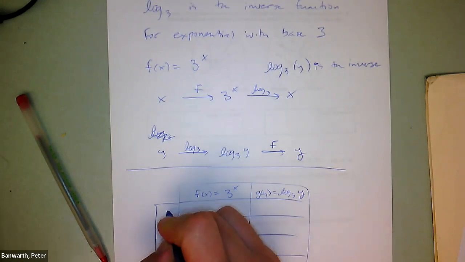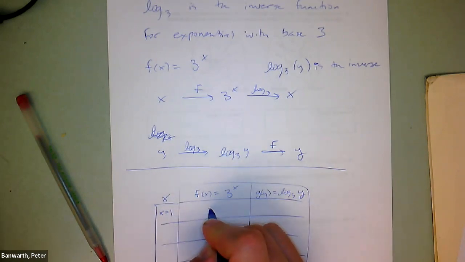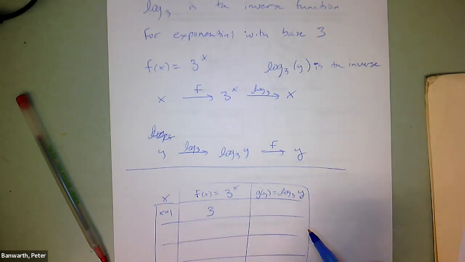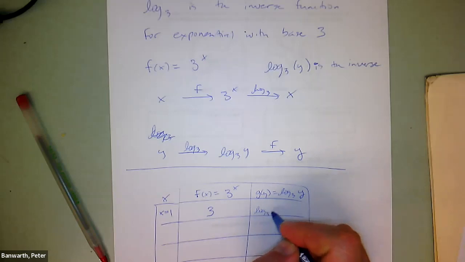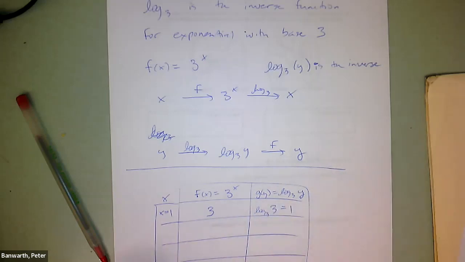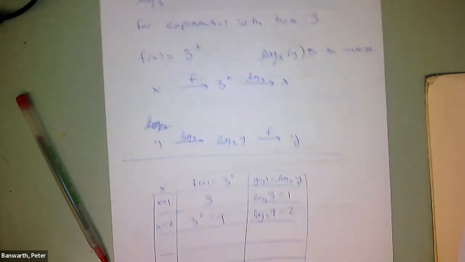Okay, so if x equals 1, this is 3, and this one is log base 3 of 3, which is 1. And if x equals 2, this is 3 squared, which is 9, and log base 3 of 9 is 2.